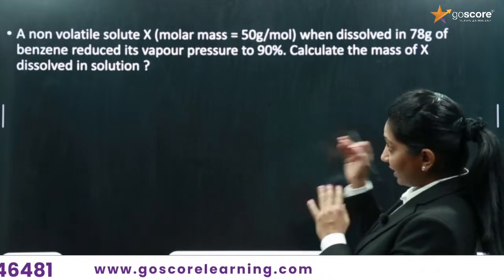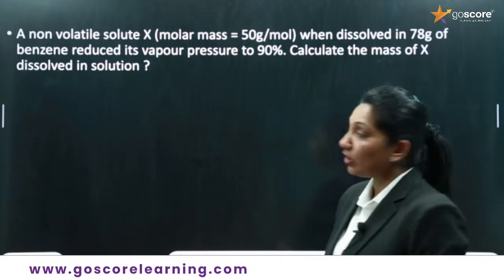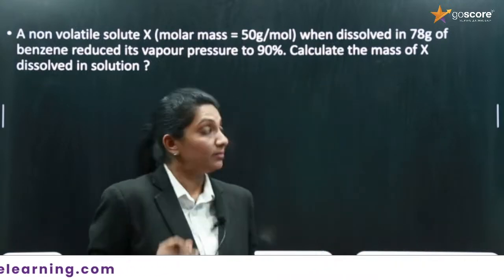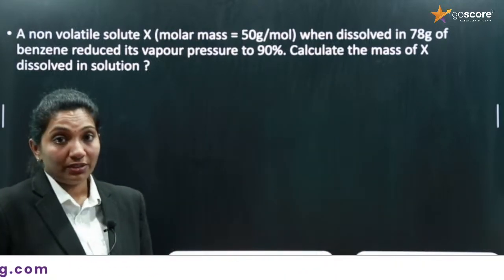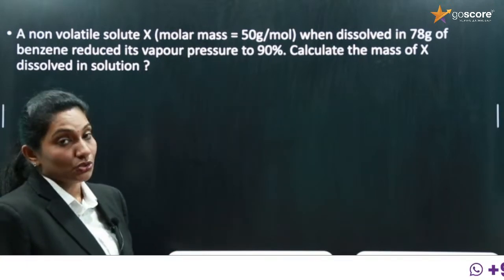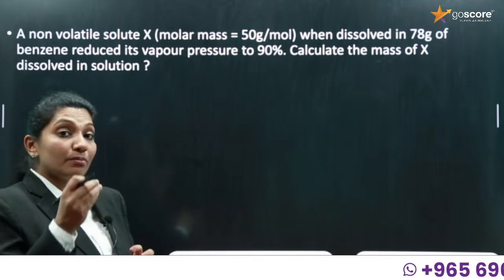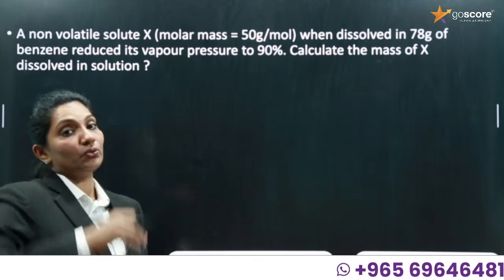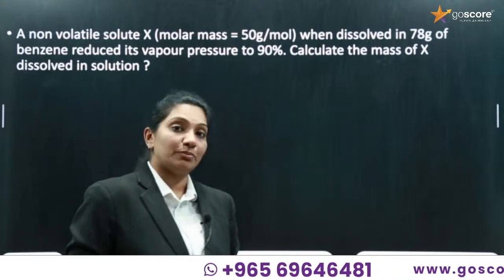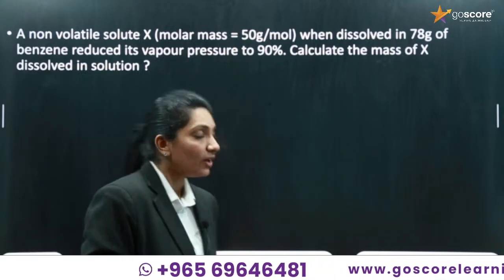Okay. I've taken the benzene, and when you add a non-volatile solute X with molar mass 50 gram per mole, its vapor pressure decreased to 90%. We want to calculate the mass of that solute you added to the solution to reduce its vapor pressure to 90% of pure. Okay.